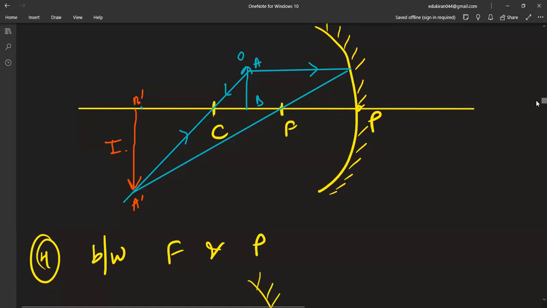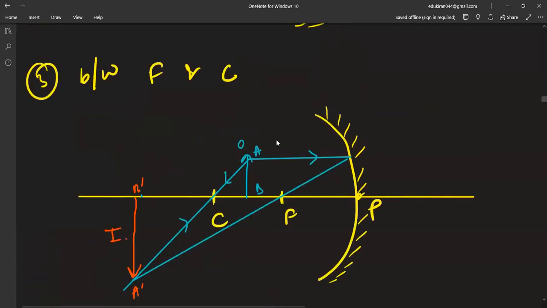Now look at the properties of this image that has been formed. Where is the image formed? Beyond C. Can you see this is the reverse? When the object was kept beyond C, the image was formed between the center of curvature and focus. When the object is kept between C and F, the image is formed beyond C. So this is how you can remember.